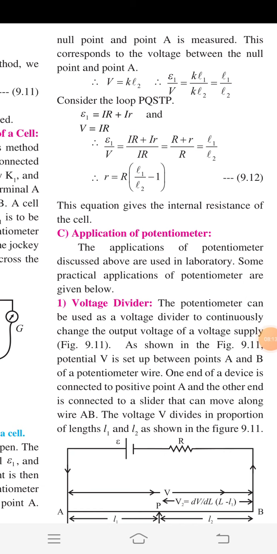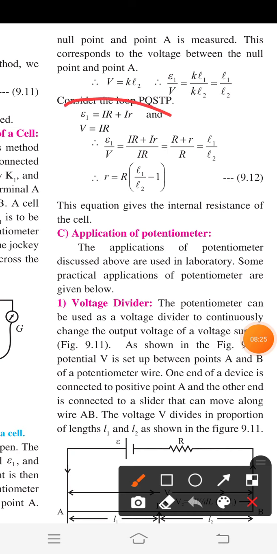That is, the supplied EMF is equal to I into capital R plus I into small r. And V is equal to I into capital R using Ohm's law.